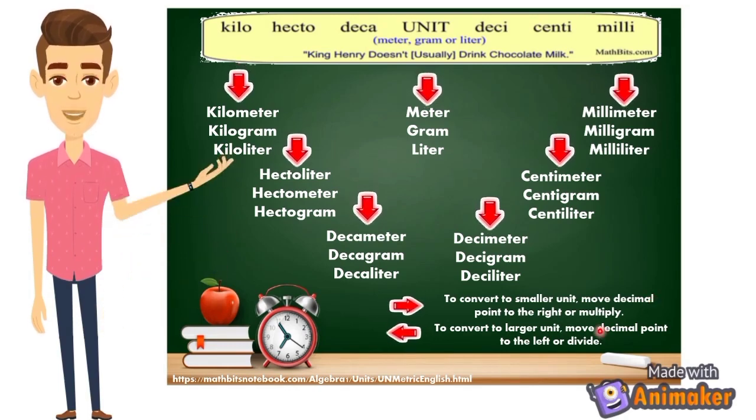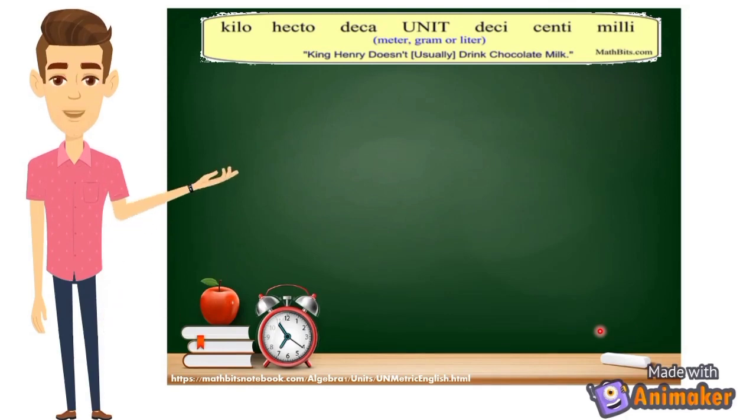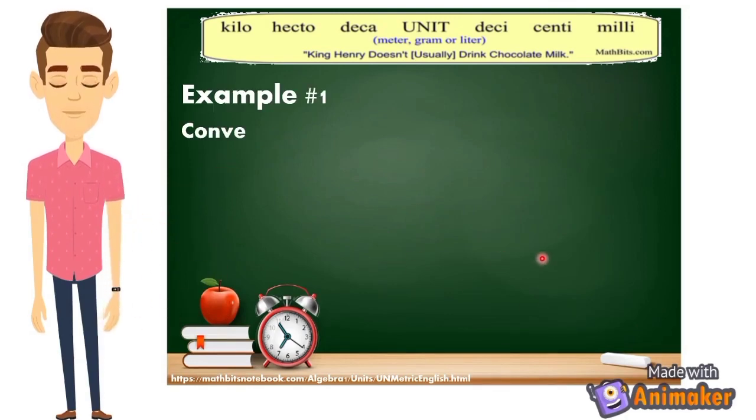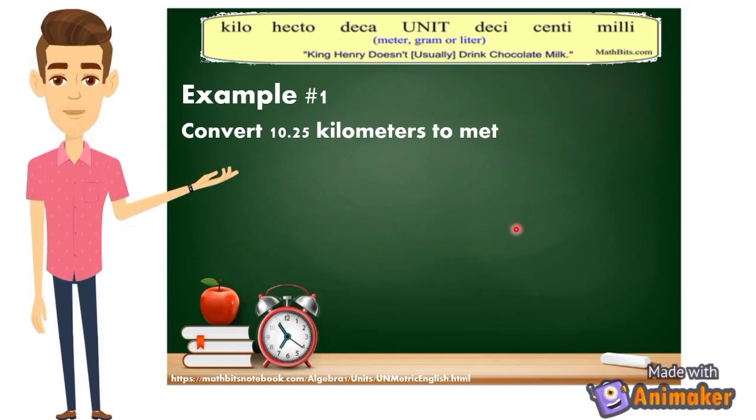So, let's have example number 1. Convert 10.25 kilometers to meters. So, paano natin mako-convert yan? Let's take a look at this picture, yung sa King Henry doesn't usually drink chocolate milk.